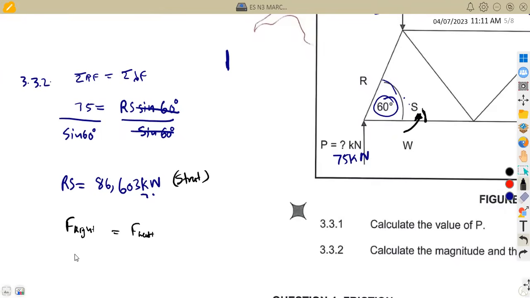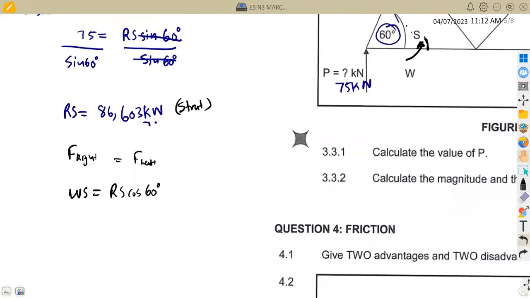So WS in this case is equivalent to the product of RS and cos, because we want to make this a horizontal. So it is going to be RS cos of 60 degrees. So that is what you're going to have at the end. So we can calculate WS, since RS we calculated before.